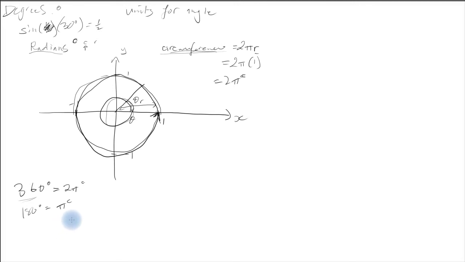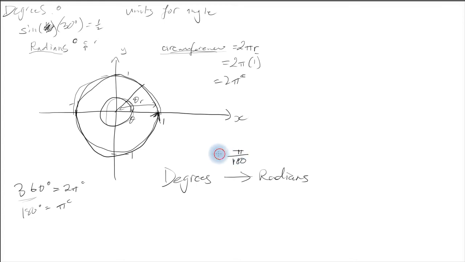If we're going from degrees to radians, to get from 180 to pi, we need to get rid of the 180, so we divide by 180, but we also need a pi there, so we times by pi.